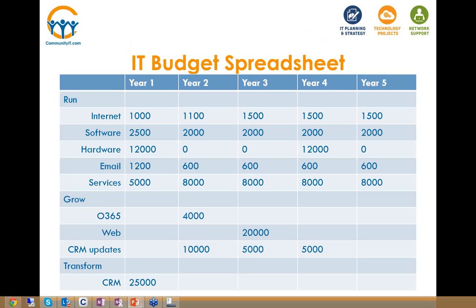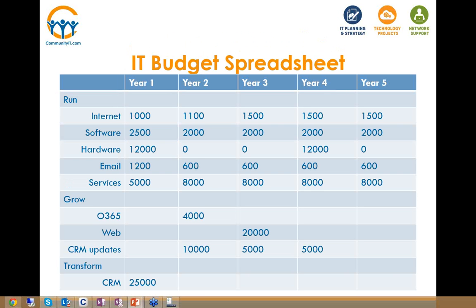Perhaps there's a website redesign, $20,000 in year 3. And we know this upcoming year we're going to make a big investment in our CRM that's going to fundamentally transform it. We know we're going to have higher ongoing expenses with CRM updates in year 2, but that's going to taper off in years 3 and 4.